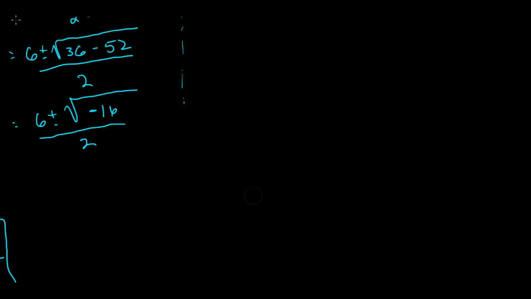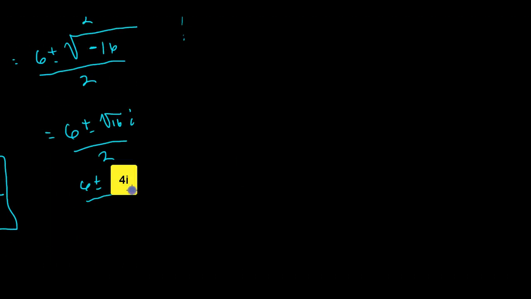I do have two non-real roots, but we can simplify that, because we know that the square root of a negative number is the square root of that number times i, and that's going to be over 2. And we know what the square root of 16 is. The square root of 16 is 4, so 6 plus or minus 4i, and that we will put all over 2.